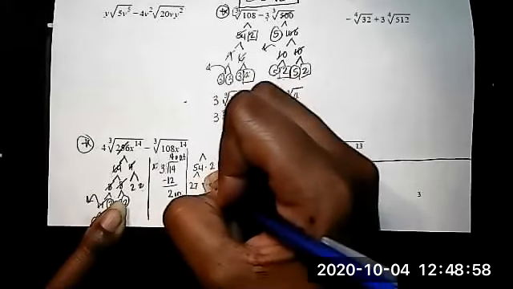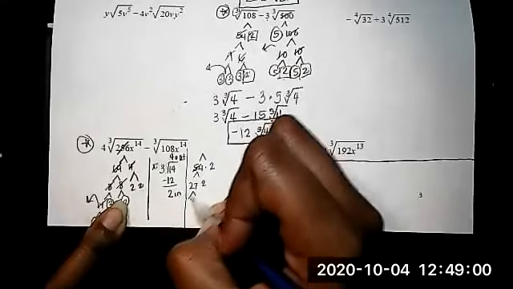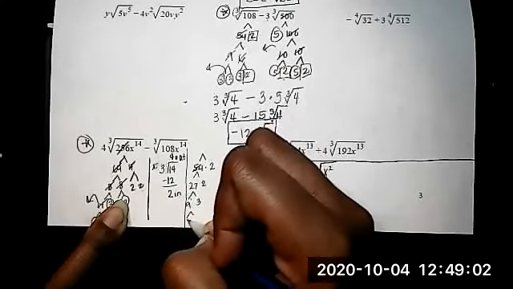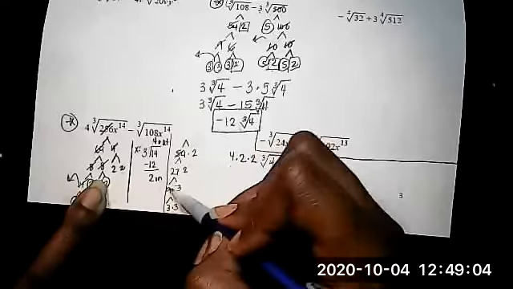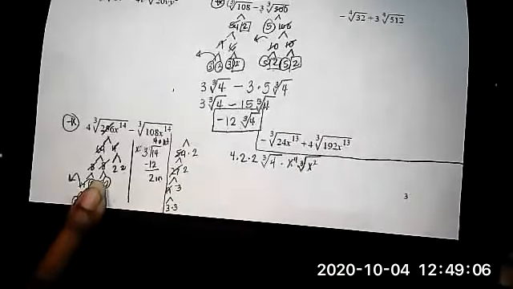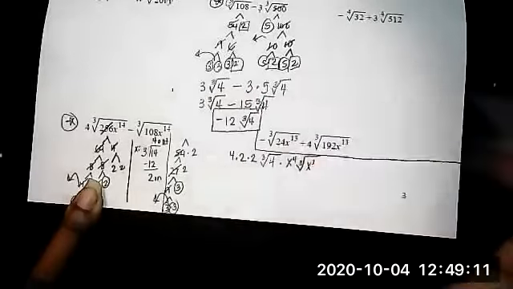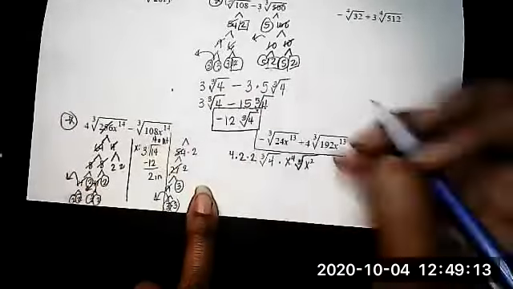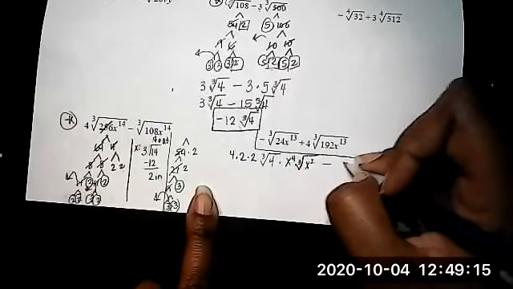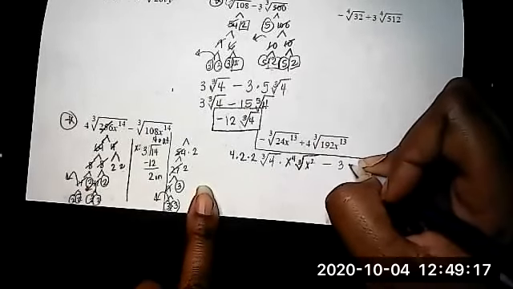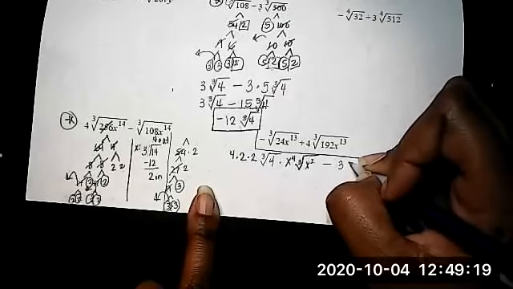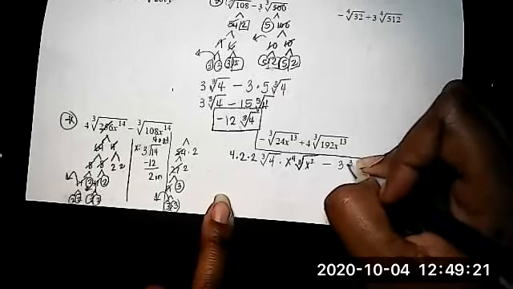So 27 and 2 is 54. 9 and 3, and this is 3 and 3. Okay. So 1, 2, 3, that comes out once. There's 2 2s left over. So for that number, I'm going to have 3 come out one time and 4 is left over inside.